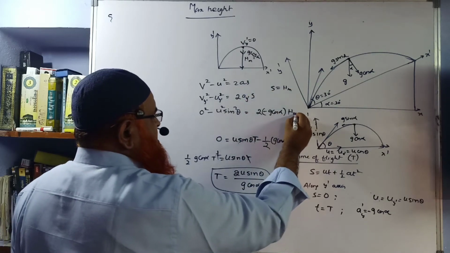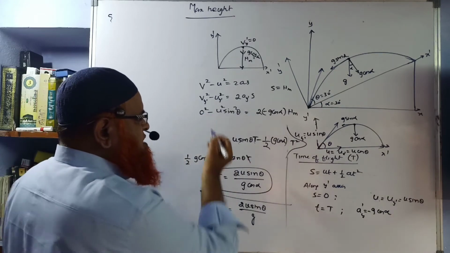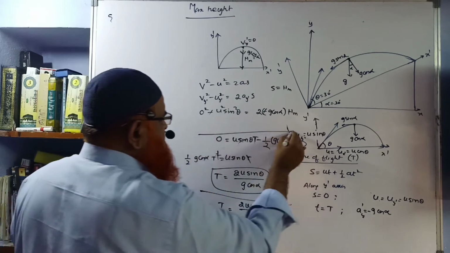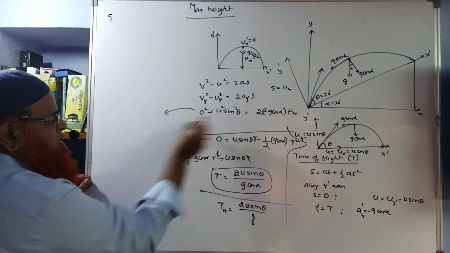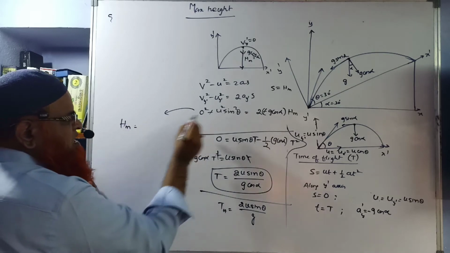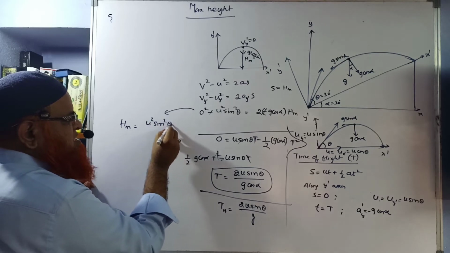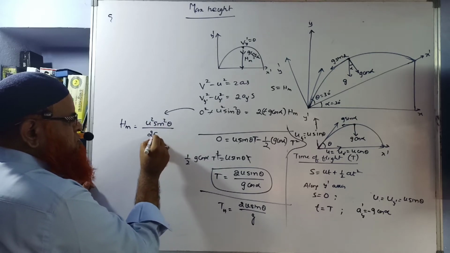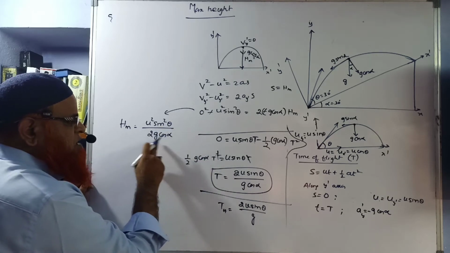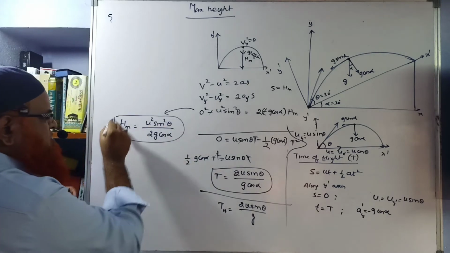S is going to become h maximum here. So this minus and this minus are going to be cancelled. Then what is the final formula you're getting? From this you'll understand that h maximum is going to become u square sine square theta by 2g cos alpha. Okay, so this is the final formula we get.